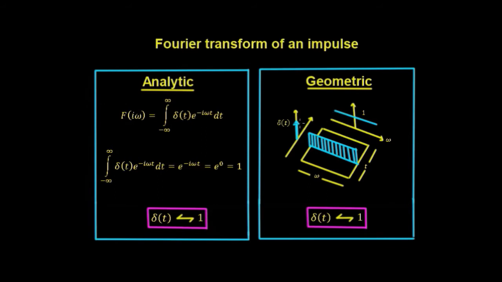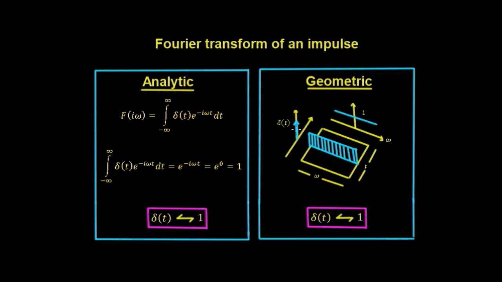Now in order to go from here across to here, what we did was the Fourier transform: we integrated it and multiplied by e to the minus i omega t. Now we know that e to the minus i omega t is actually equal to cos omega t minus i sin omega t. But as we said before, this function here is a purely even function.